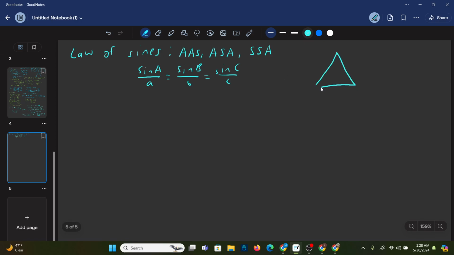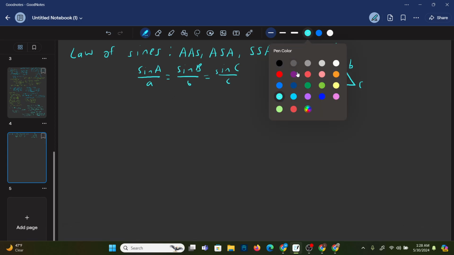And I'm just going to do the triangle real quick. So for triangle ABC, angles A, B, C, and sides little a, little b, and little c. So that is the law of sines.